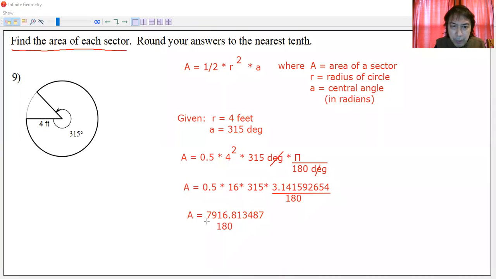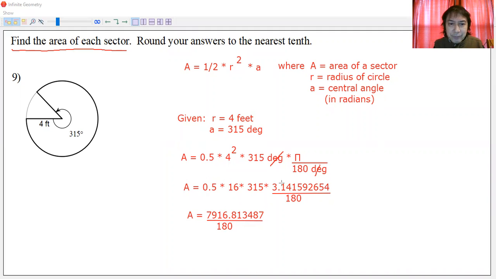So one more step and we get the answer. 7,916.813487 is the product of the four numbers, 0.5, 16, 315, and the 3.14.